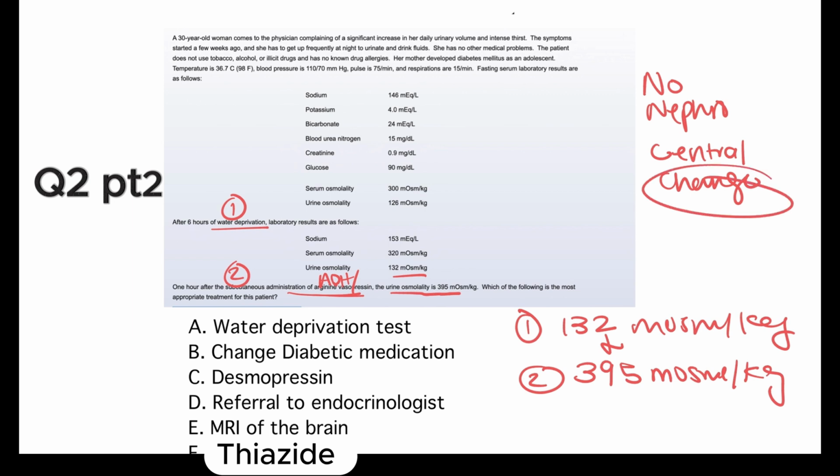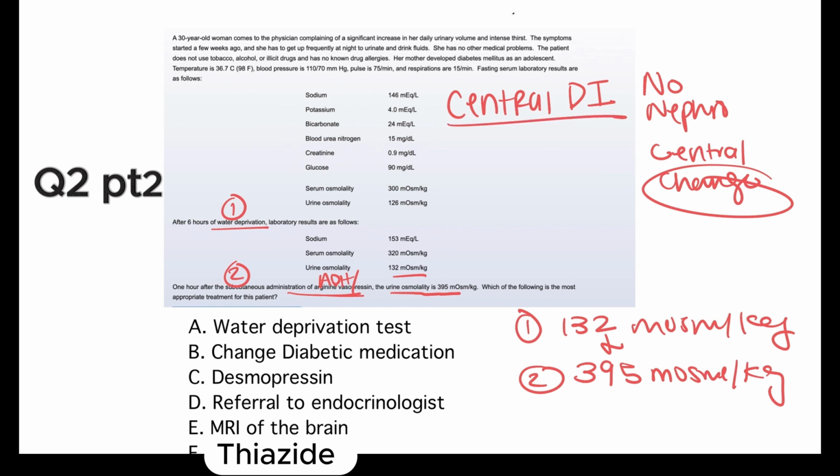A change. So this is a central diabetes insipidus. You gave the patient ADH, and the urine was able to do its normal job, which is to concentrate the urine. So now we know our definitive diagnosis. Our definitive diagnosis is central diabetes insipidus. This is our definitive diagnosis.